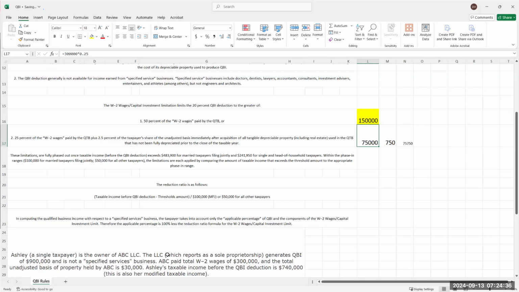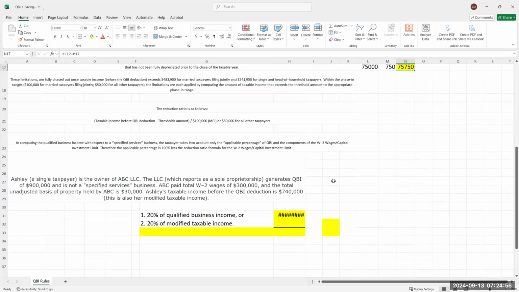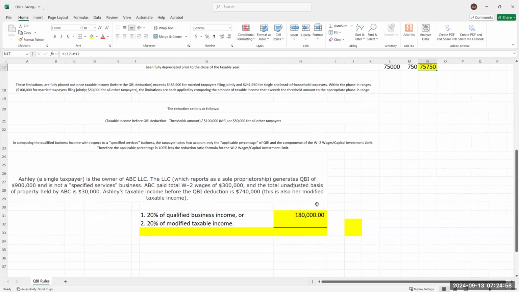The total unadjusted basis of property is 30,000. So we multiplied the 30,000 by 2.5%, and that is how we got 750. We added the two, 75,000 plus 750, to get 75,750. So these are the numbers we're considering so far.